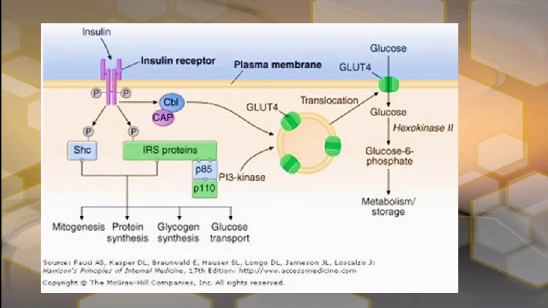As we explained earlier, the PI3 kinase and the CAP-CBL combination will activate GLUT4, the glucose transporter, causing its insertion into the plasma membrane of the cell, and it allows the influx of glucose into the cell.